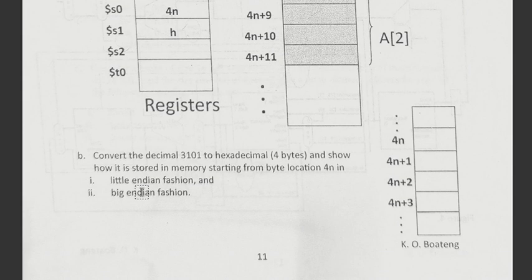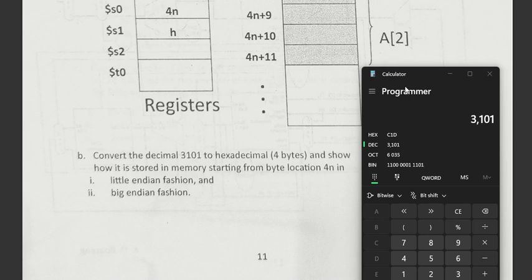Then the next one is you have to convert this number from decimal to hexadecimal, and show how it is stored. So this one, I think your calculator can do it. Let me quickly bring up my calculator. So when you put it in X, I think you get C1D. But you see, we are dealing with MIPS, so let's put this in 32 bits.